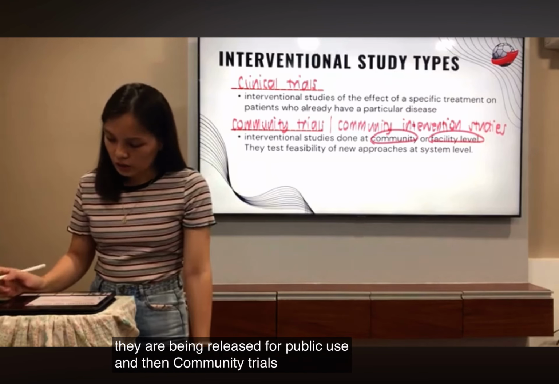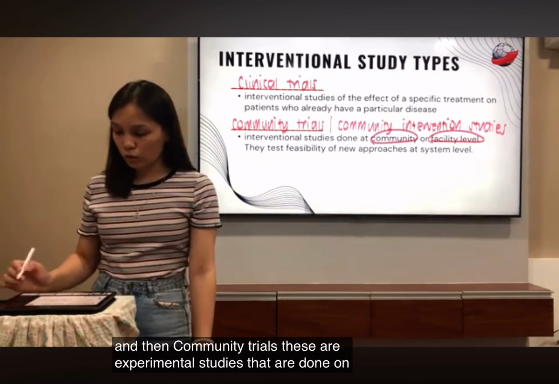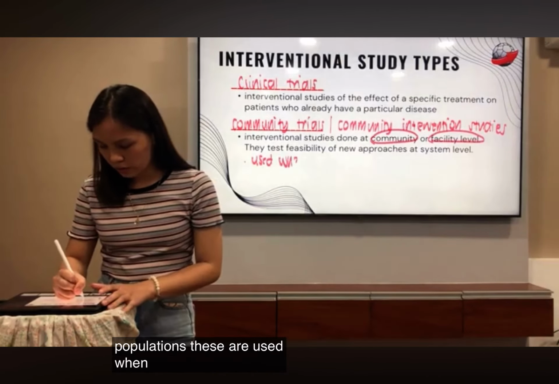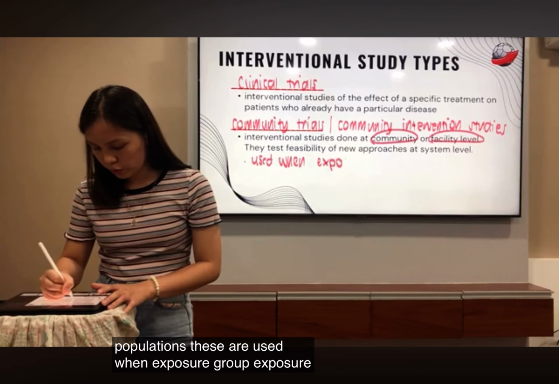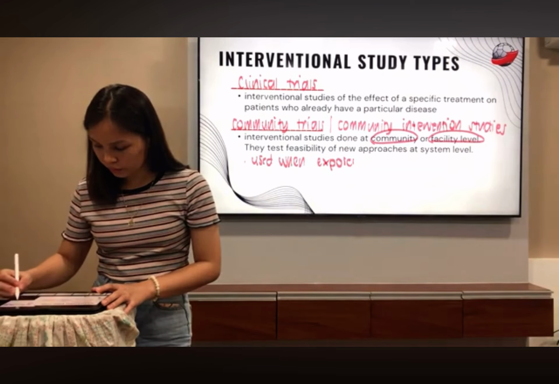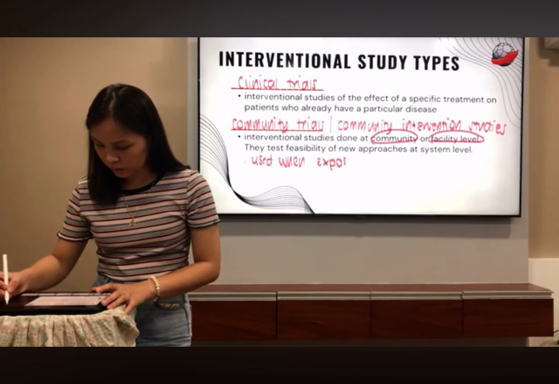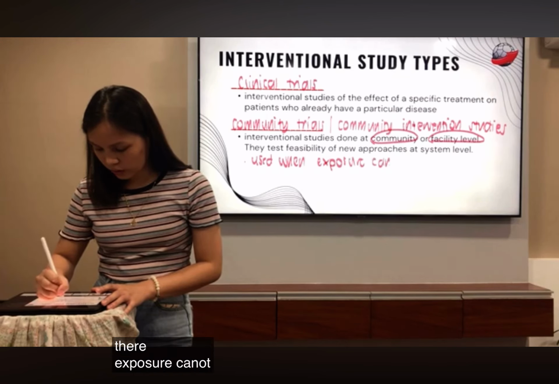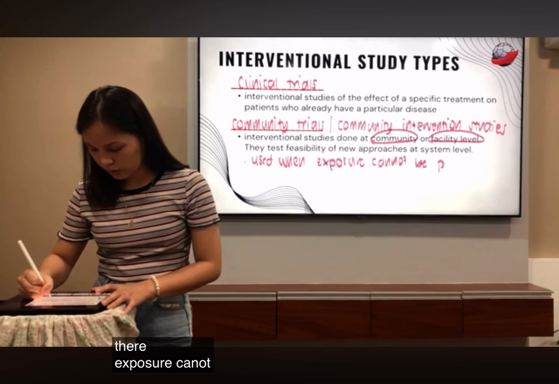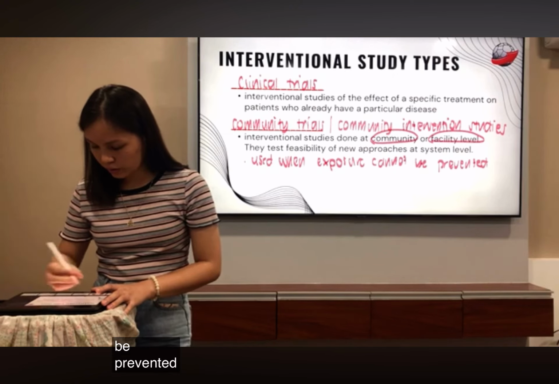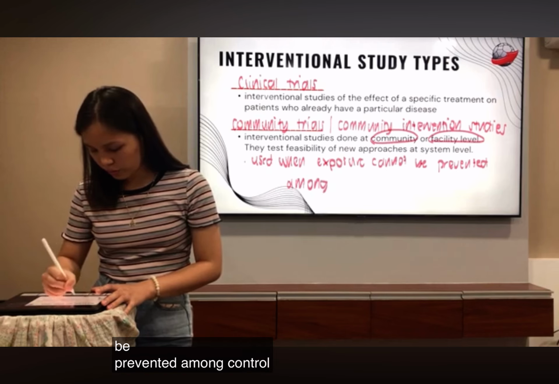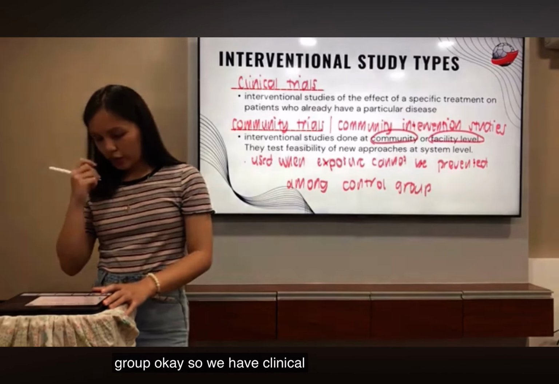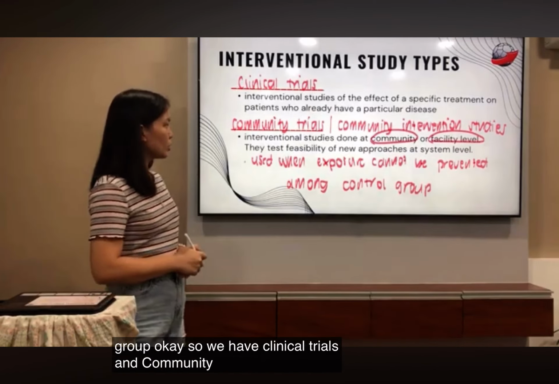And community trials are experimental studies that are done on whole populations. These are used when exposure cannot be prevented among the control group. So we have clinical trials and community trials or community intervention studies.